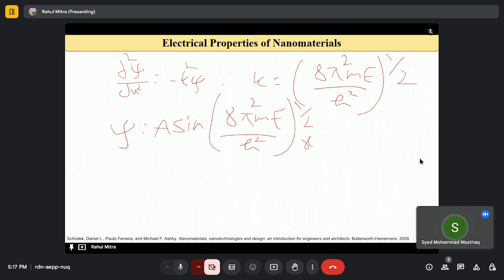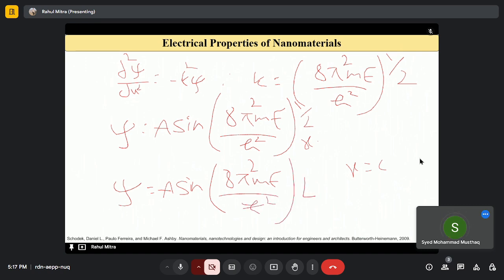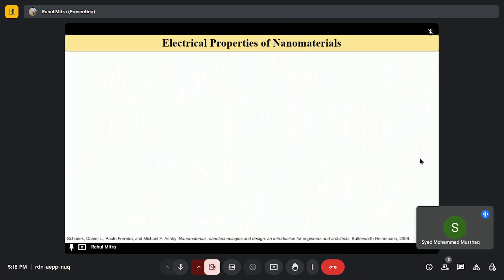Now when x is equal to L, this wave function will equal a sin of that times L. So this is our boundary condition 2. And now this psi equals 0, right? Because at the boundary our wave function dies, or we do not have any probability of finding our particle there.